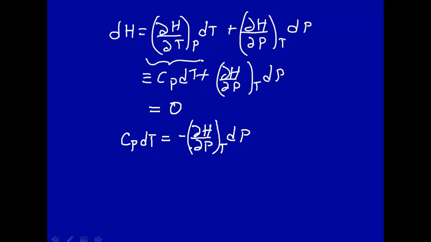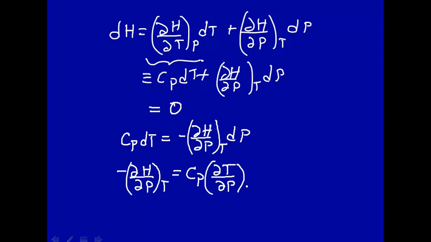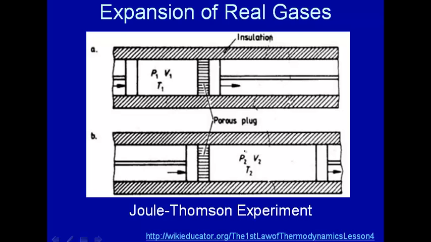We can rewrite this as how H changes with pressure at constant temperature, we'll take the dP over here, so that's equal to minus Cp times how temperature changes with pressure at constant enthalpy.